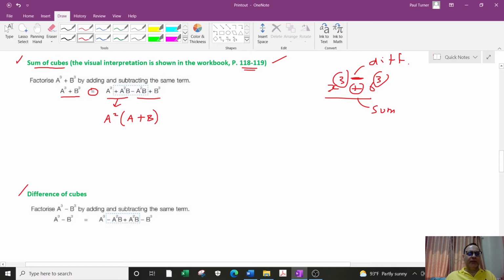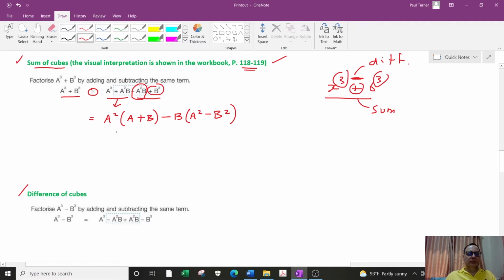In the next one, I've got a squared b plus b cubed. So it looks like minus b, and then I've got a squared minus b squared here. Okay, let's check. Minus b times a squared is minus a squared b, and minus b times minus b squared is plus b cubed here.